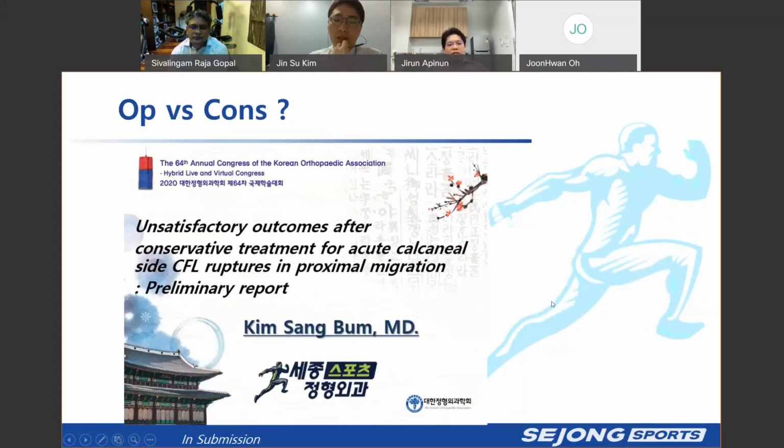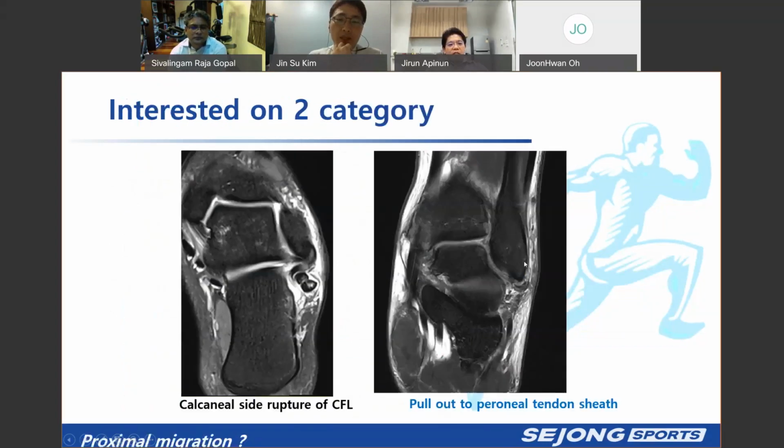This is my presentation at the Korean Orthopedic Association. We suggested that the very severe type of ankle ligament rupture in the acute setup, especially CFL torn, not at the fibula but usually toward the calcaneal side. The ATFL tears toward the fibula side, the CFL toward the calcaneal side. This MRI scan is a 45-degree oblique coronal view.